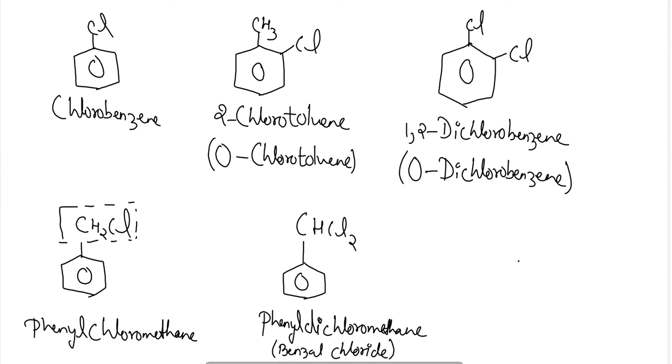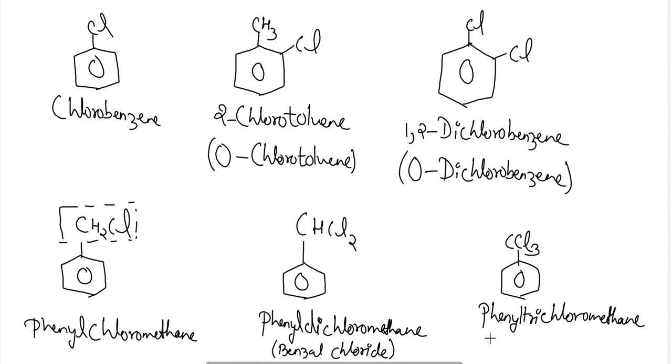And if the phenyl ring is attached to CCl3, here it will be phenyl trichloromethane, but its common name is benzotrichloride.